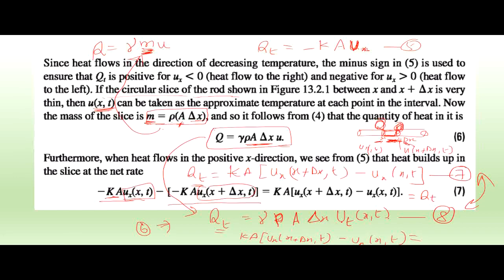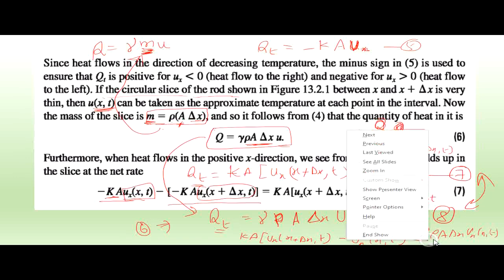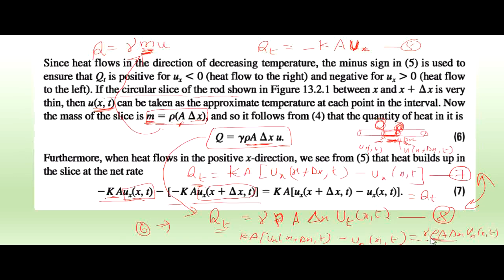On the right side, from equation 8, gamma rho A del x times Ut of x comma t. Now you take this gamma rho A del x and divide by this term on both sides. So on the right-hand side there will be only Ut of x comma t.